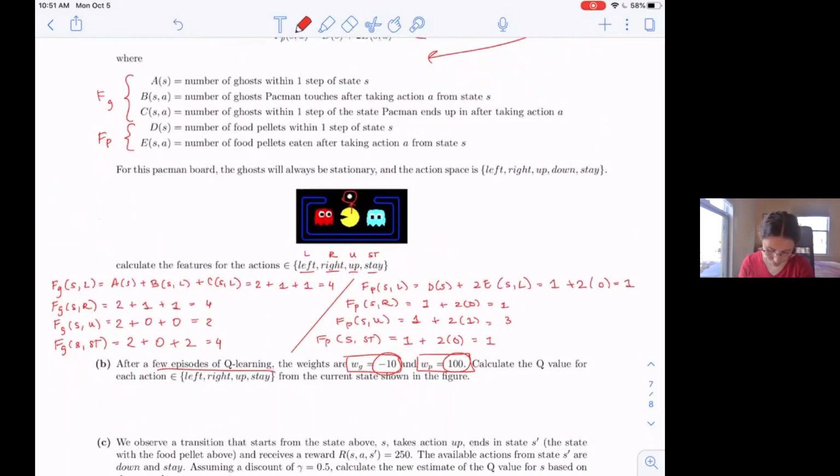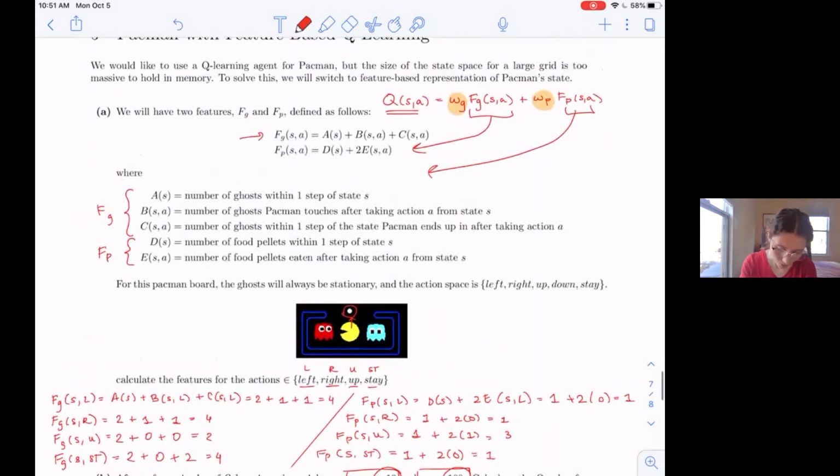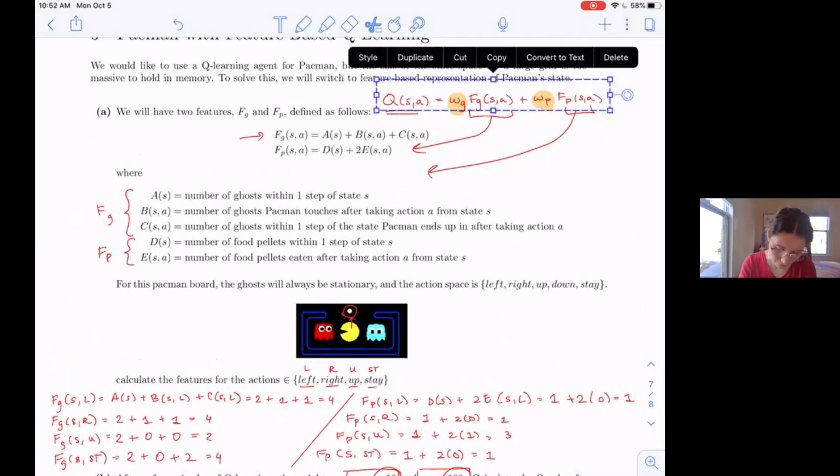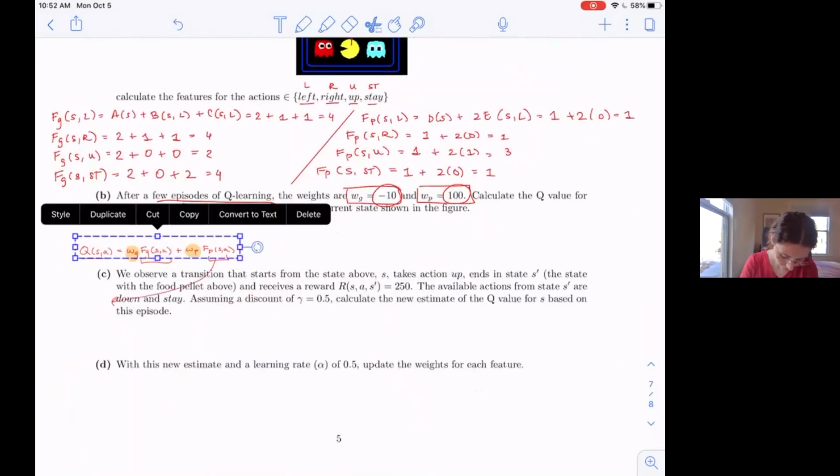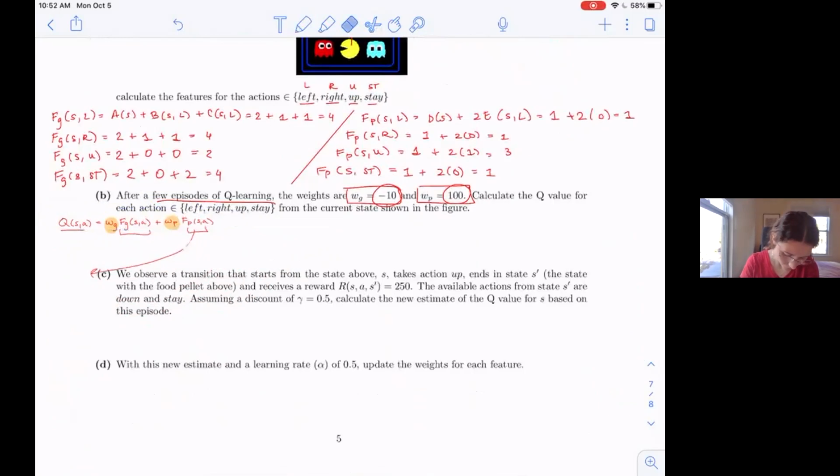Now we want to calculate the Q value for each action from the current state shown in the figure. So all that means is that we want to basically just evaluate this equation, which represents our approximate Q function. So let's try to do that.